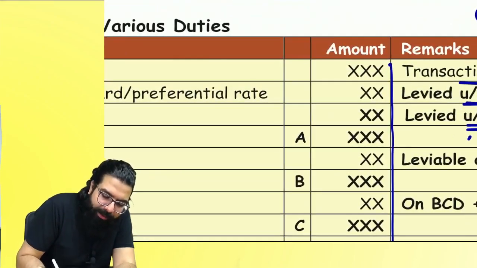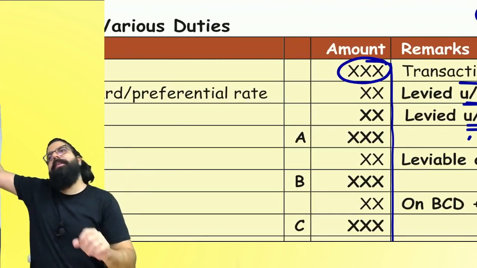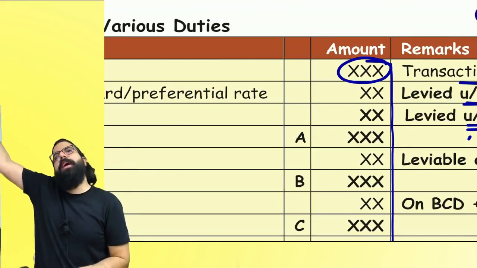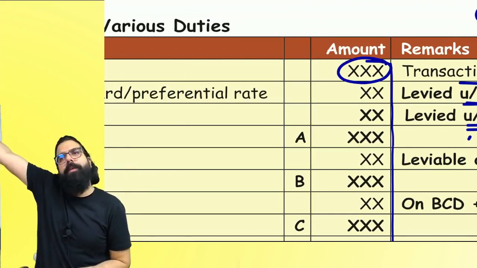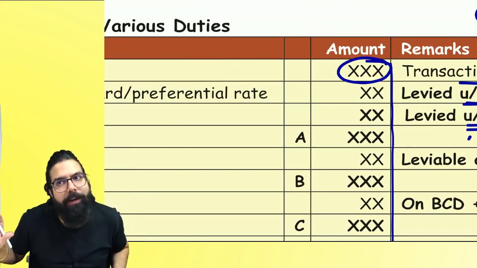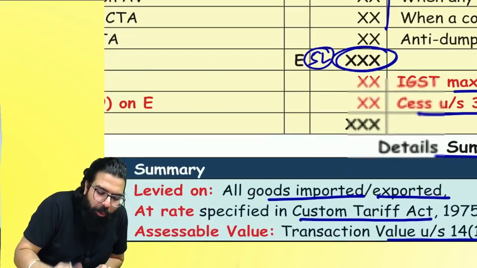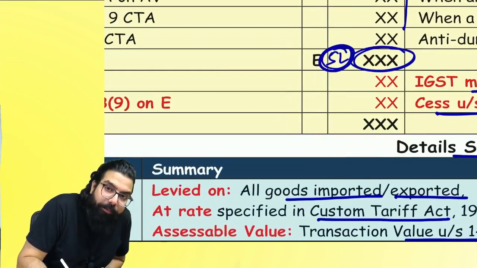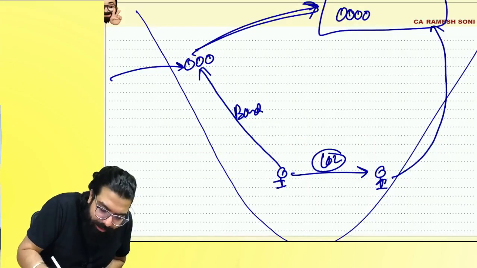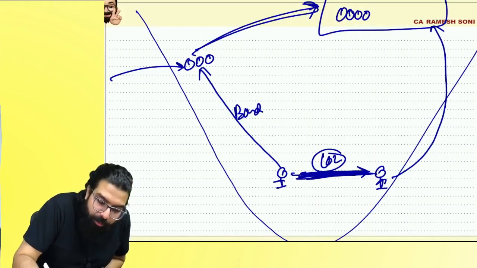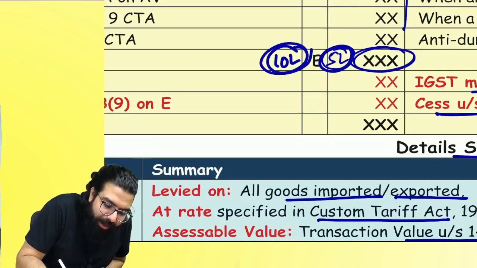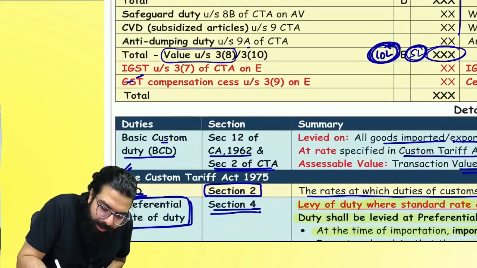Section number 14(1), whatever the transaction value between the outside party, price paid or payable, everything will be normal only. But IGST he has to pay on what? 5 lakh or the transaction value? What is the transaction value between you two? Which is higher? 10 lakh, and on 10 lakh the IGST will be collected.